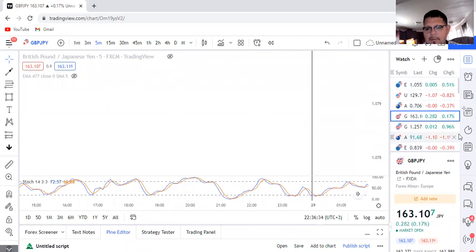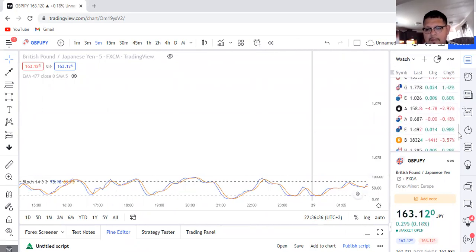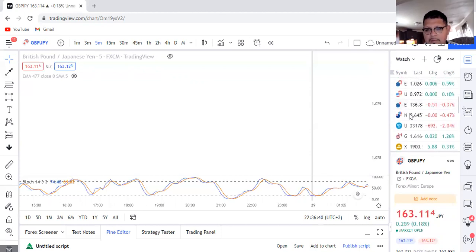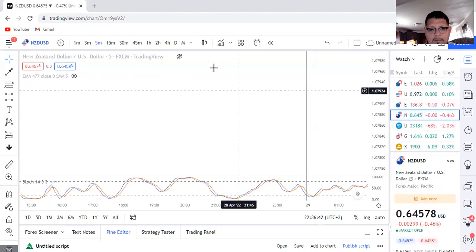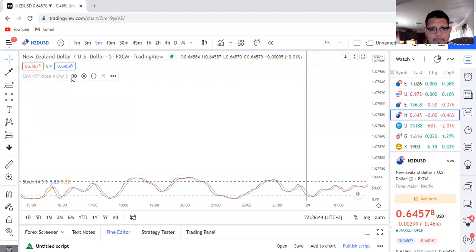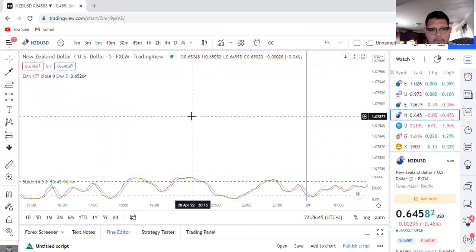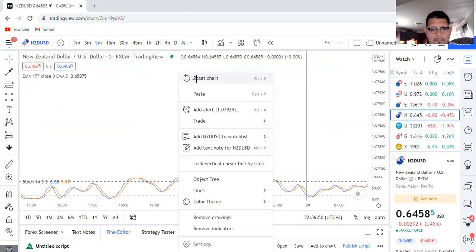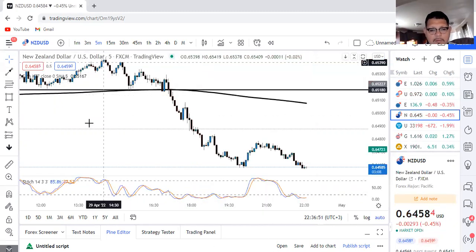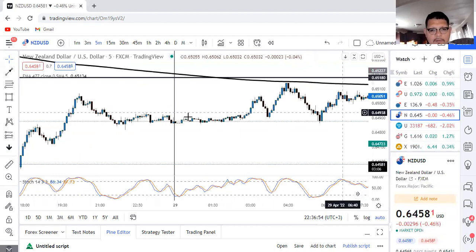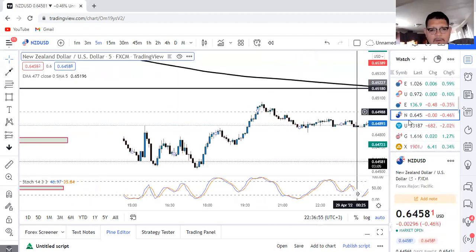Okay, let's go to another example. NZD USD, on the 5-minute time frame.